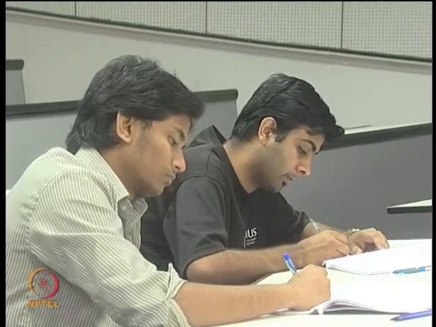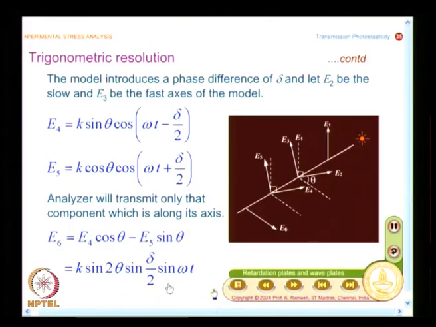If you go back, I said for all this you need to have knowledge of trigonometric identities. It is a very simple step, it is not difficult at all. So, you take this component E4 multiplied by cos theta, multiply this by sin theta, and do a simplification. This is the component of light that is transmitted by the analyzer, that turns out to be k sin 2 theta sin delta by 2 into sin omega t.